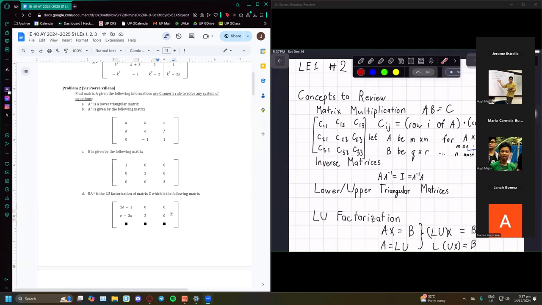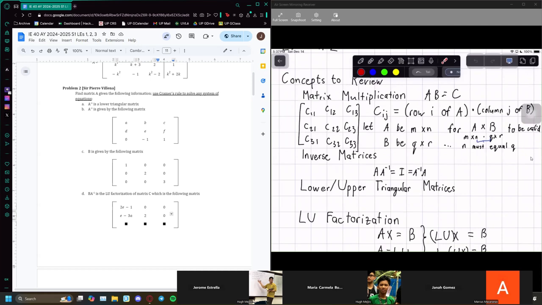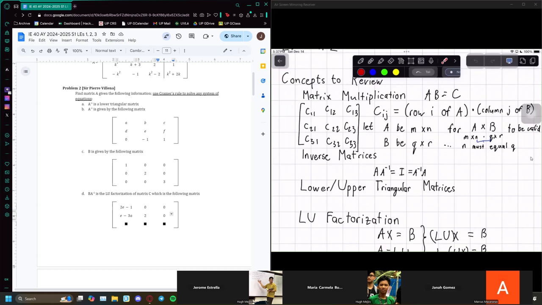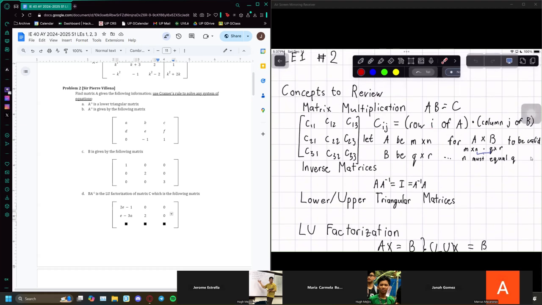Basically, if you have a matrix C that is a product of A and B, then just remember this to help you keep on track: element ij, where i is the row number and j is the column number, is just the dot product of row i of the first matrix and column j of the second matrix. When I get confused with matrix multiplication, this one line is what keeps me on track.